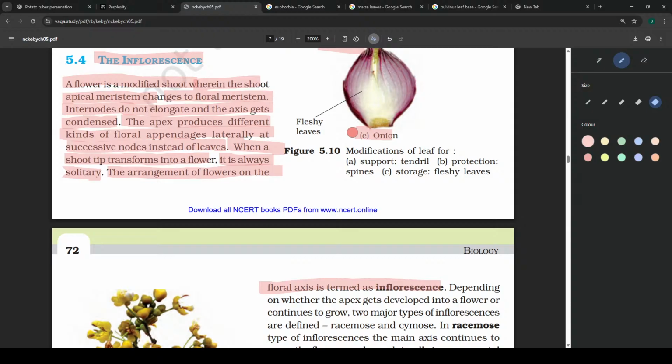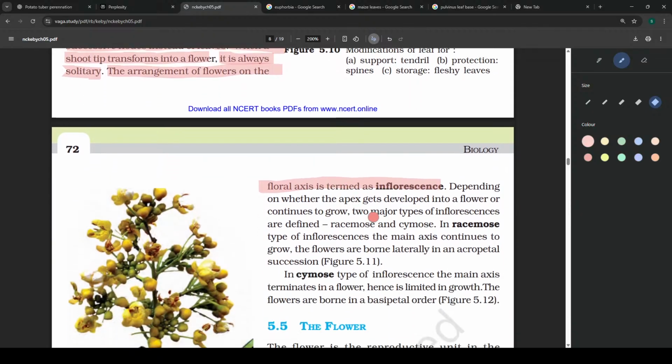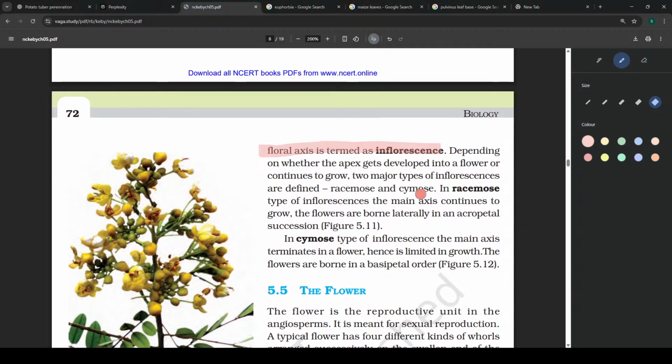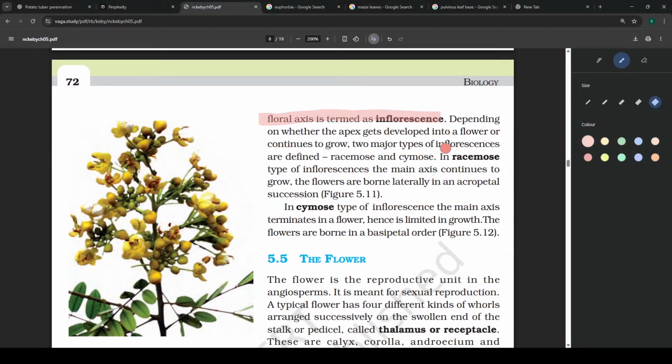Now let's come to the definition of the inflorescence. The arrangement of flowers, like venation was the arrangement of veins and veinlets. Inflorescence is the arrangement of flowers on the floral axis.